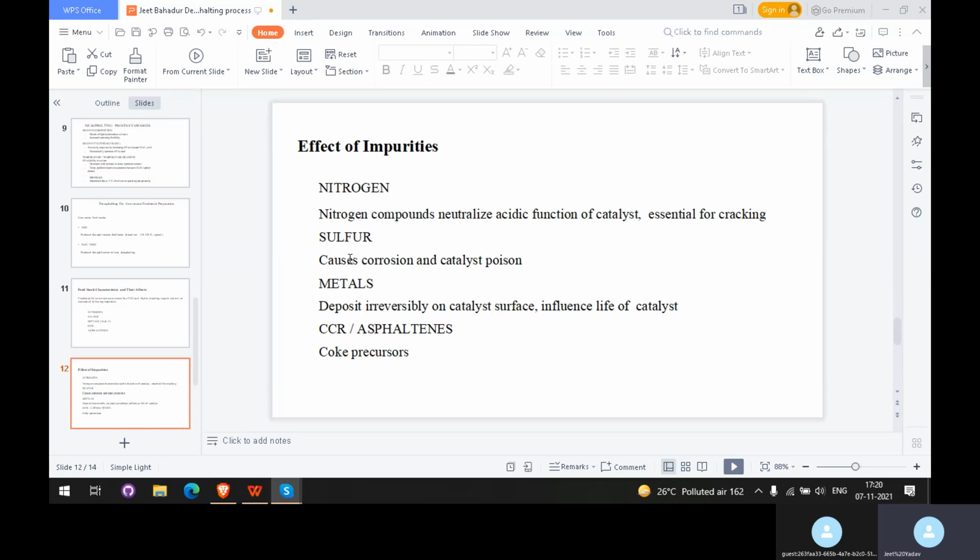Further, we have sulfur, which basically poisons the catalyst. Third, we have the metals, which may deposit irreversibly on the catalyst surface and affect the catalyst. And further, we have CCR or asphaltene precursors. So these are the impurities which affect the process.